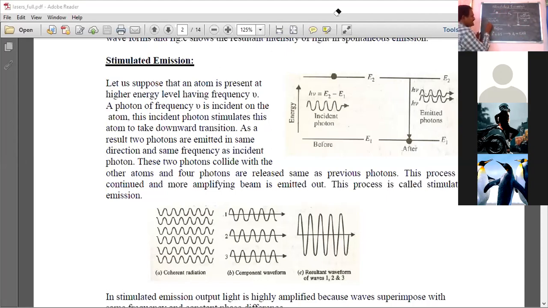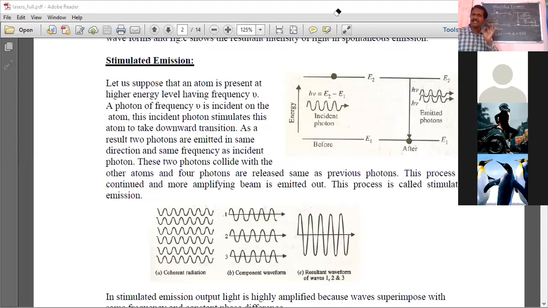Now, the incident photon here and the emitted photon here, they are in the same direction. ఏం చెప్తున్నానమ్మా, జాగ్రత్తగా వినండి. The incident photon here and the emitted photons from the atoms here, they are in the same direction.